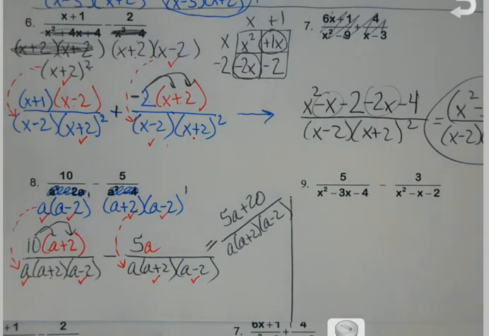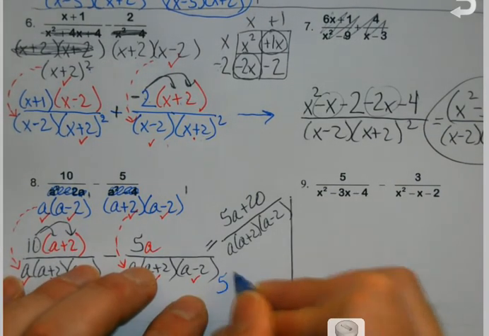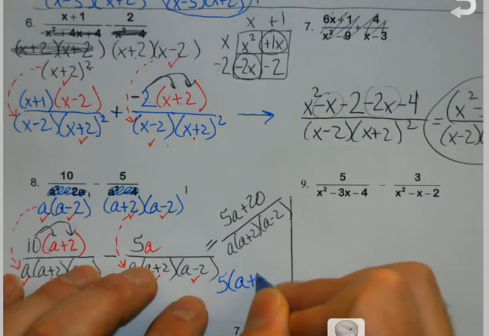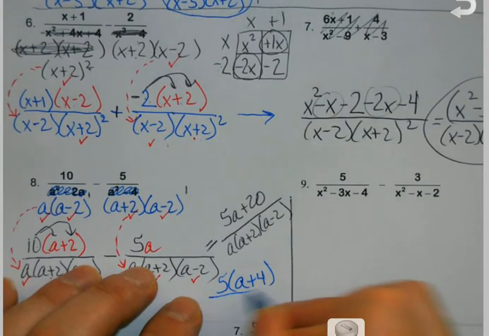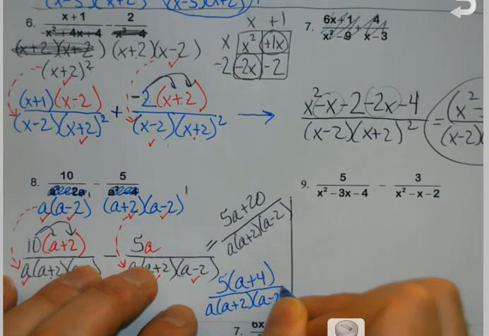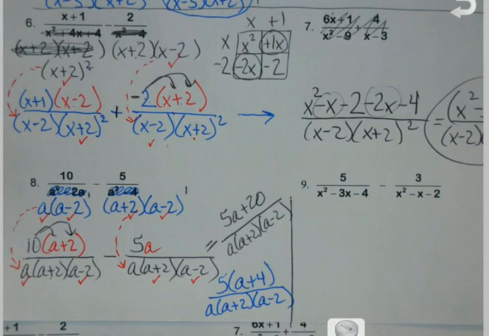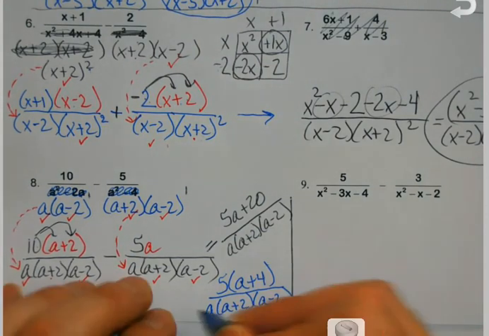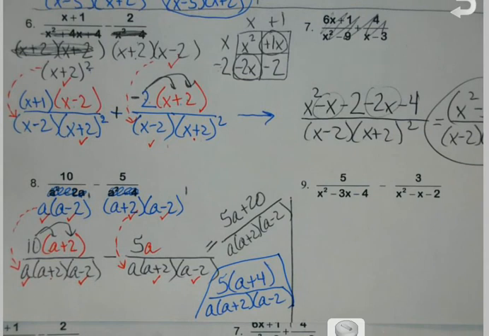And yes, just to play it on the safe side, I look at that numerator and I say, hey, I can still take a 5 out of there. So I take my 5 out. 5 times 4 is 20. I don't have any parentheses that cancel. This a is hanging out, but I don't have another a to cancel it with. And I'm set.